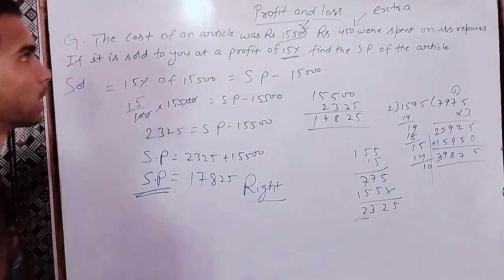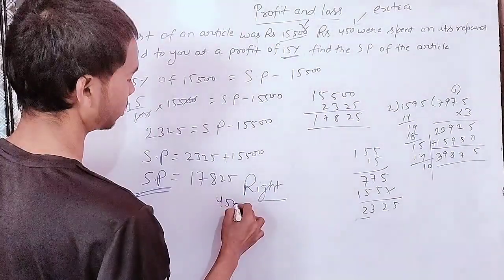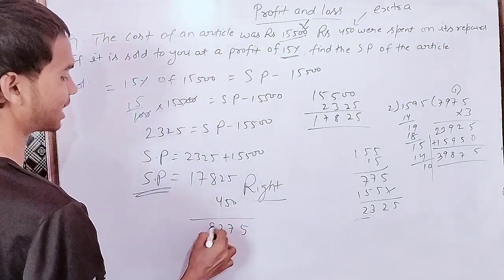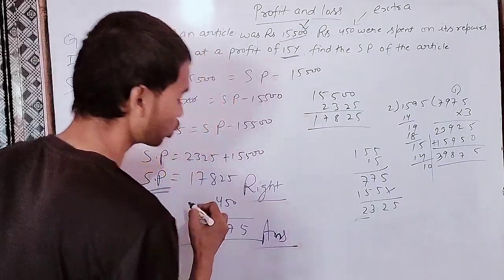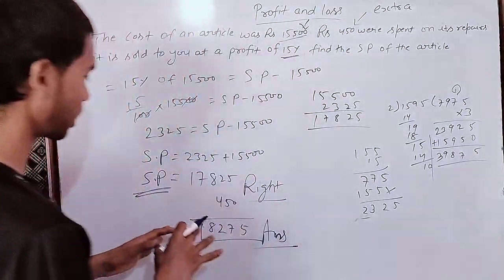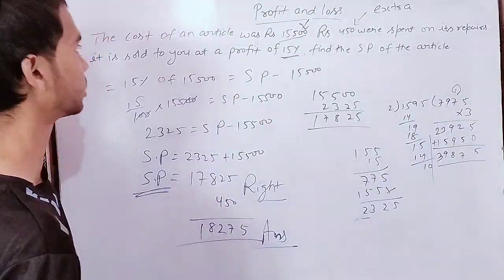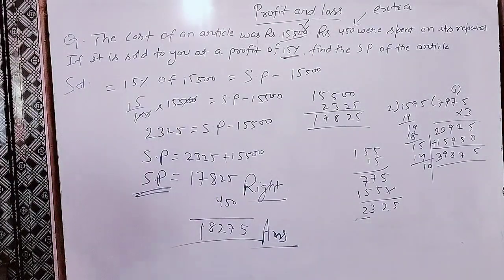Yeah. And this is extra. That's why we will add it. 5, 7, 2, 8, 1. This is the final rupees in which this will be the price for selling this article at a profit of 15%. 18,275.